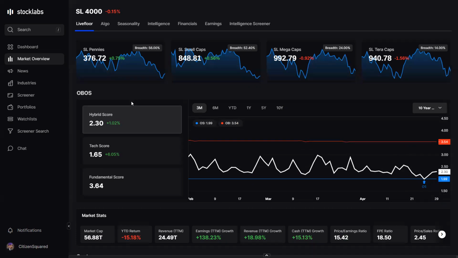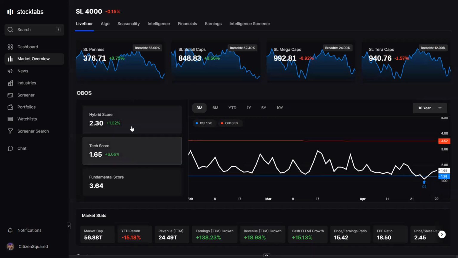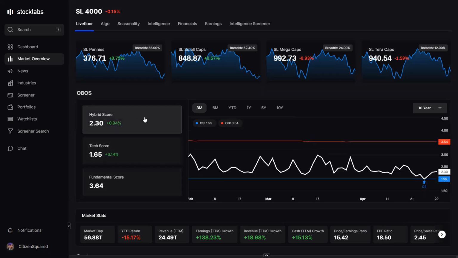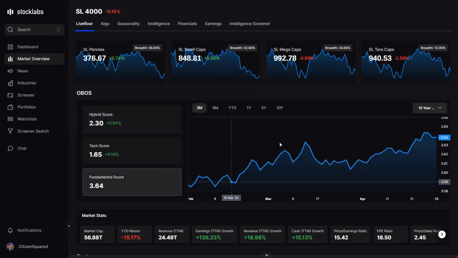Same thing for tech score. This is kind of a matter of preference, whether you prefer hybrid score or tech score. A lot of people just rely on tech score. It's a faster moving oscillator. The hybrid score, like I said, includes this fundamental score, so it's a bit anchored by it, because the fundamental score doesn't change that much.